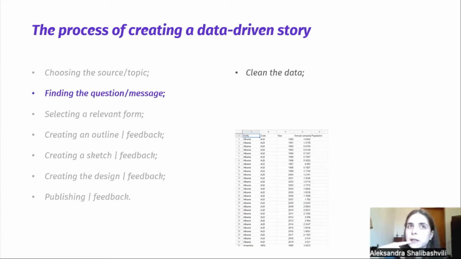So here, in order to do that, what I have seen many teams in our previous competitions struggle with is that they have this big file with some data, and they're sitting there looking at it, and they're trying to come up with some question or message or finding that they want to do the infographic on. And then they come to the mentors and they tell them some abstract ideas that they have. But sometimes it is really difficult to come up with a question or a message like that.